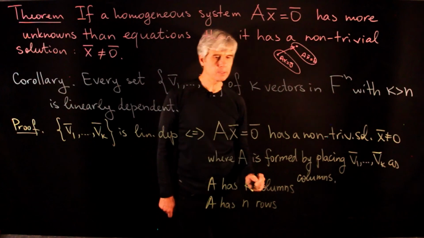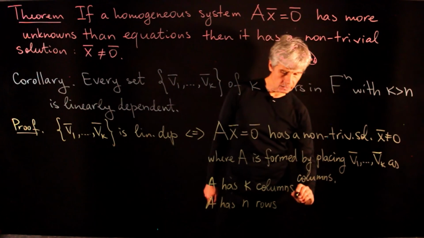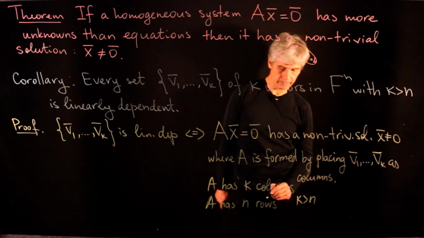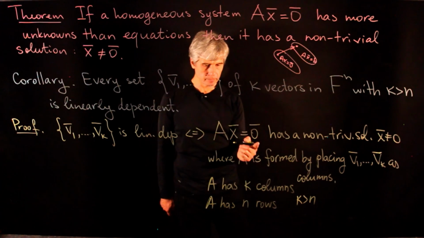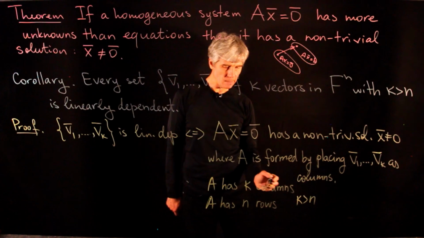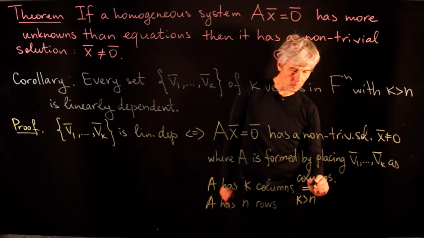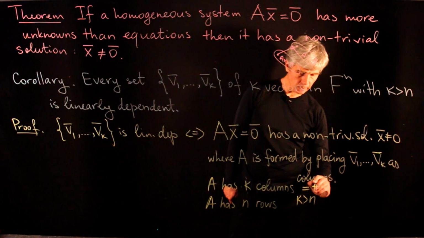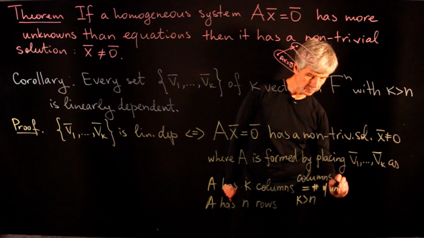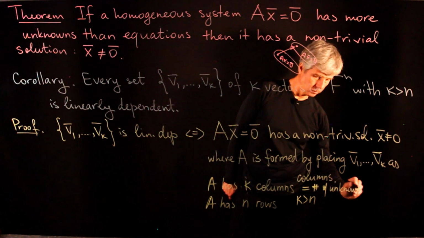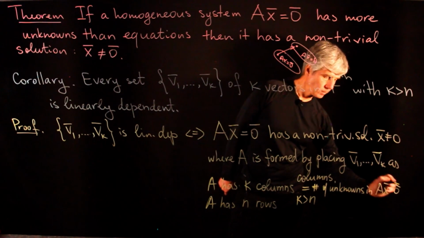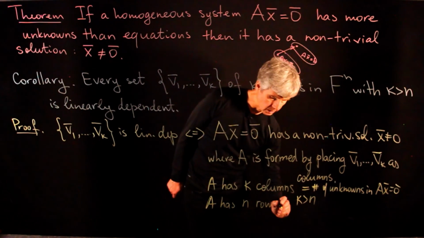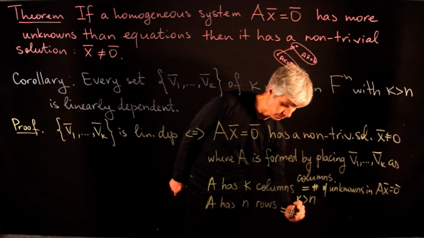And what we have is that k is strictly greater than n. But when we look at this system, Ax equals 0, the number of columns is the number of unknowns in Ax equals 0, and the number of rows is equal to the number of equations.